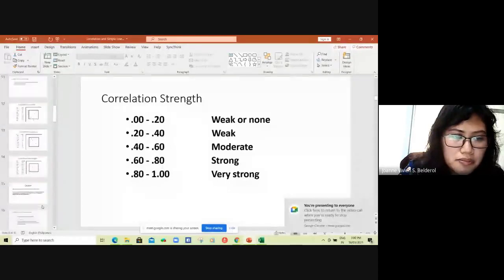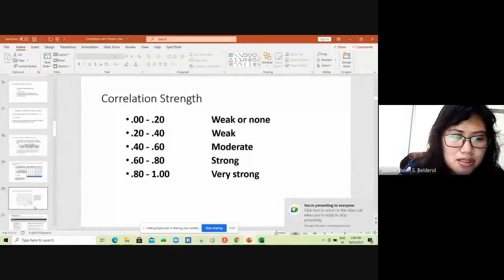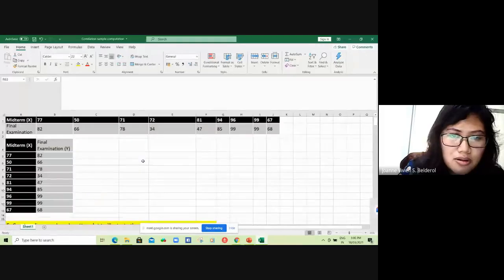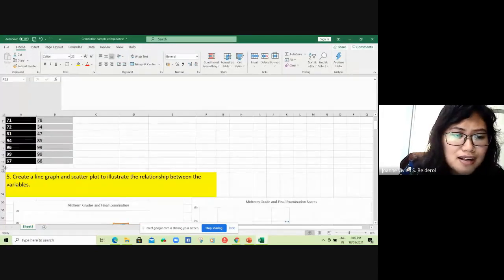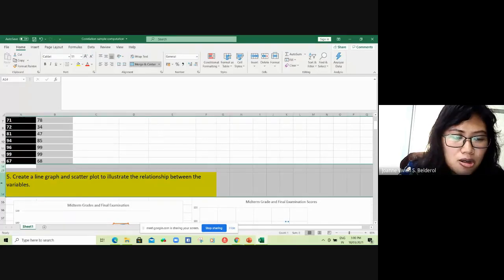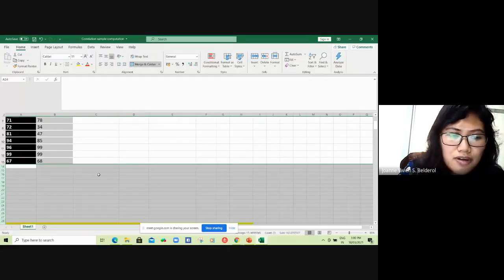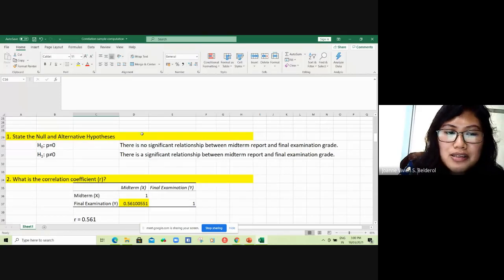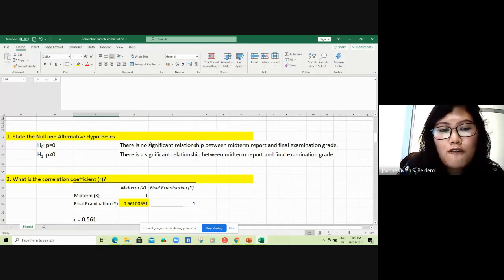Let's go back to our problem first. Actually, the answers are already in a template, you just need to change the particular variable. Notice that we have not yet made a decision on whether to accept the null or the alternative hypothesis. We did not yet decide whether there is a significant relationship or not, because we will determine that later on in simple linear regression.